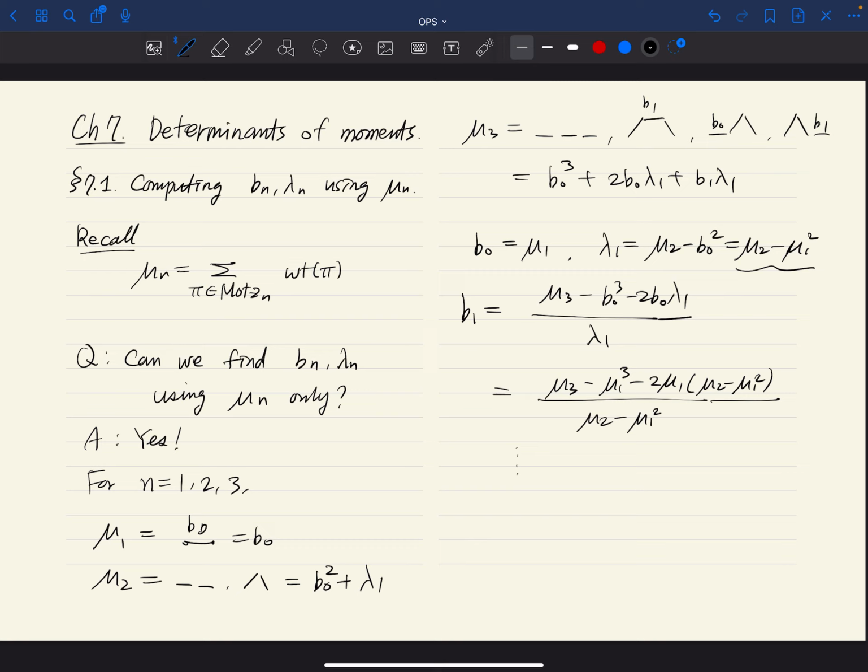But actually, we can prove it. We can prove that it's possible. So this is always possible. Because let's say we computed b0 up to b(n-1), and lambda 1 up to lambda n.